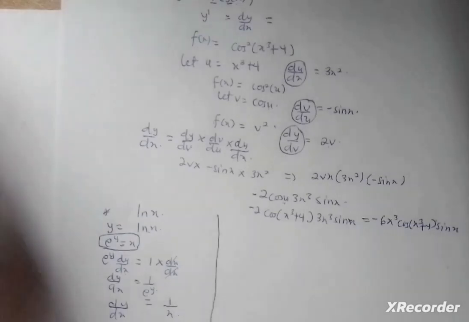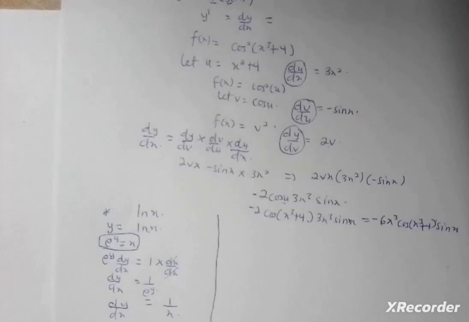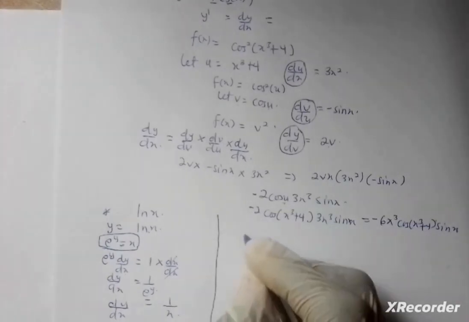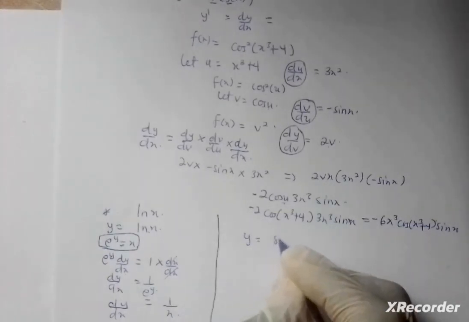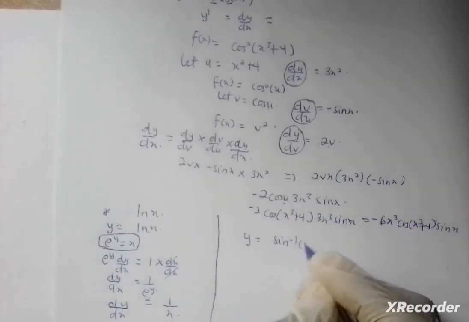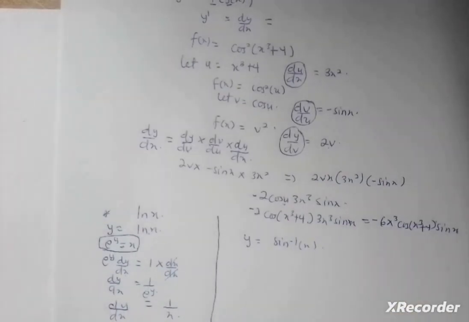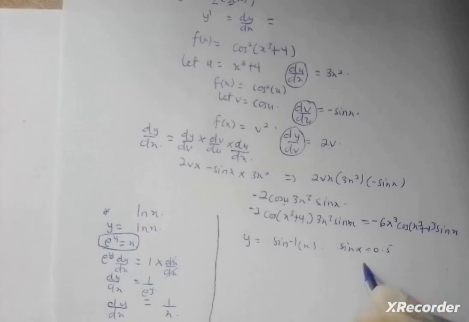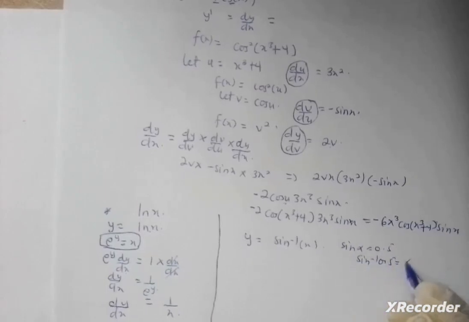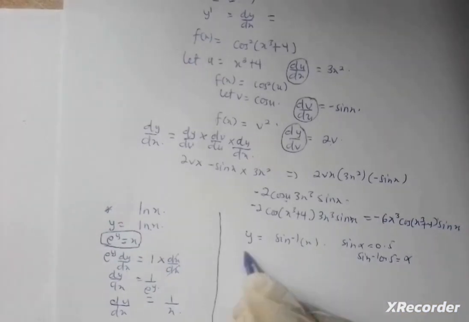Let's see that of the inverse of sine x. So if I have y to be equal to sine inverse of x, how do I solve this? You know that if you have sine of an angle theta is equal to 0.5, then sine inverse of 0.5 should give us theta. So here sine y should give us x.